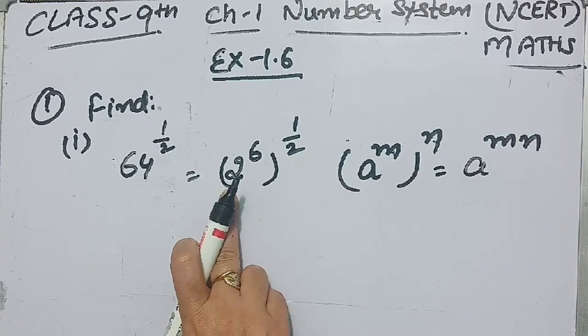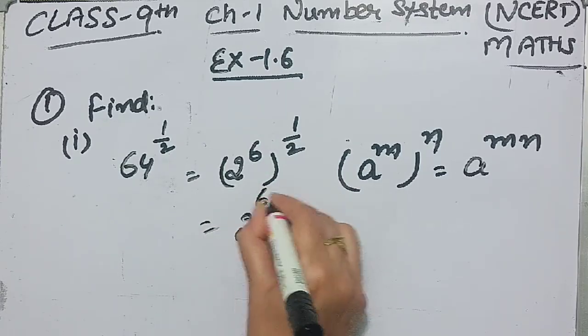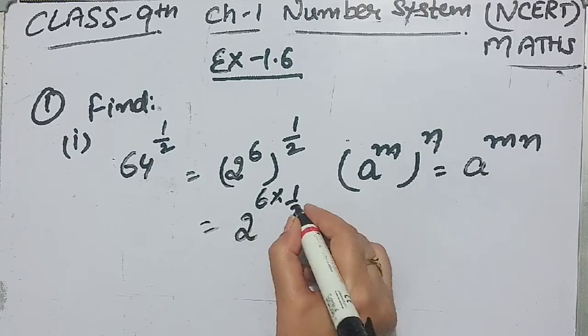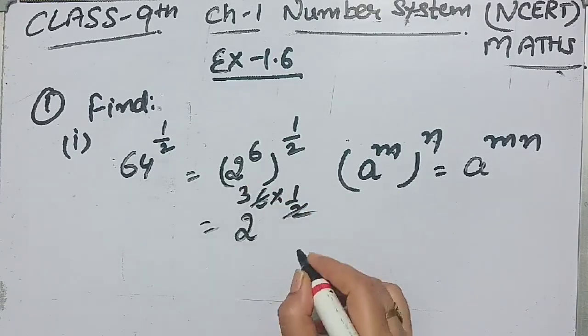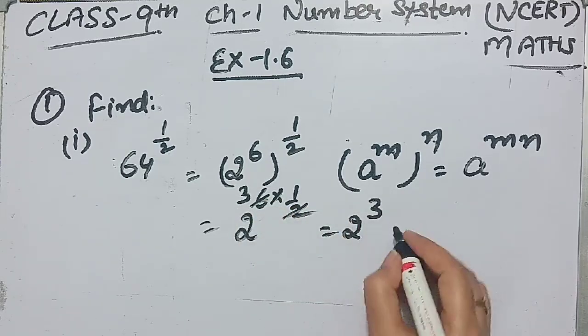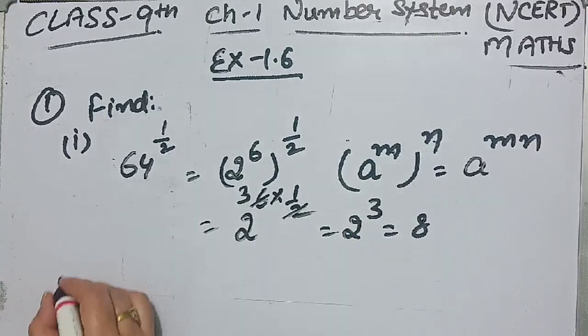Here the base is 2 and the powers are 6 and 1 by 2, so powers will be multiplied. When we multiply these 2 powers, we will get 3. 3 into 1, that is 3. Now 2 power 3 is equal to 8. 2 cube is equal to 8.